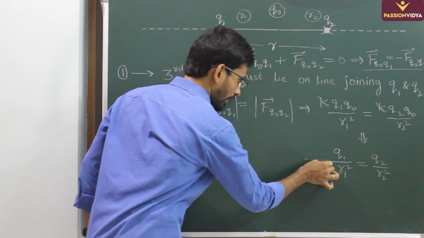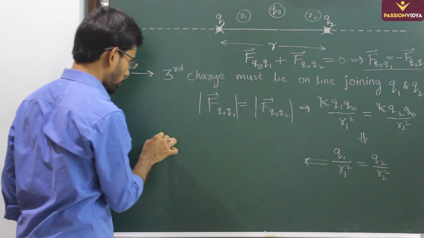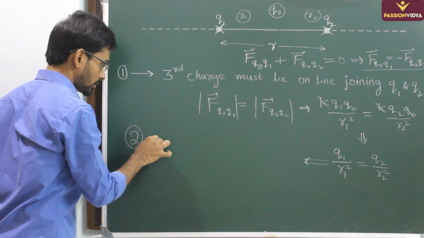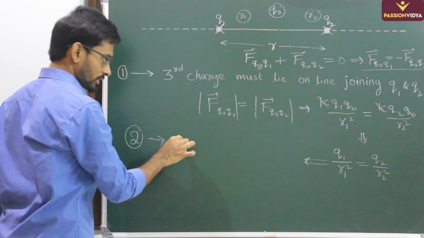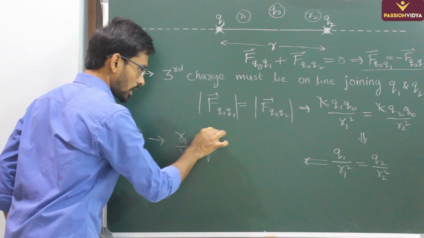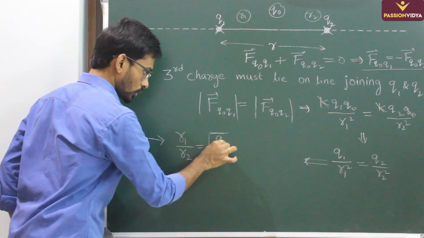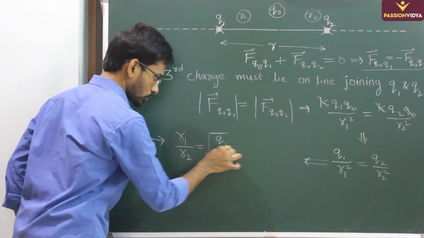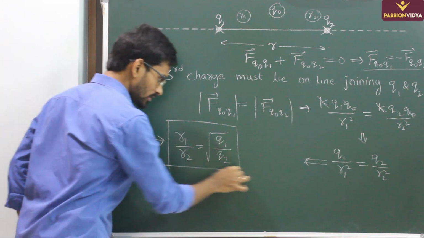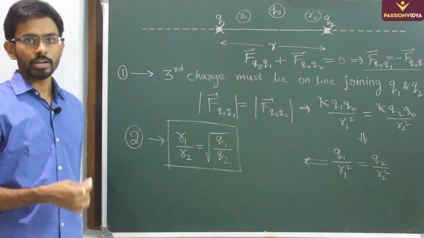So from here I can write the second point: the ratio of distances R1 by R2 is equal to under root of Q1 by Q2. This is the ratio of distances from the Q1 charge and the Q2 charge.